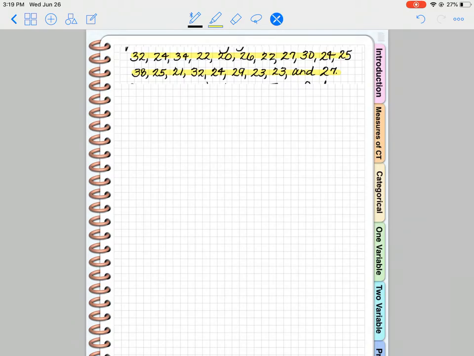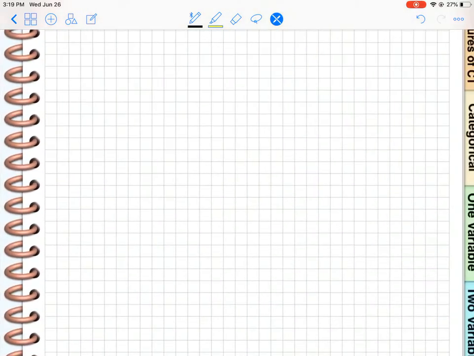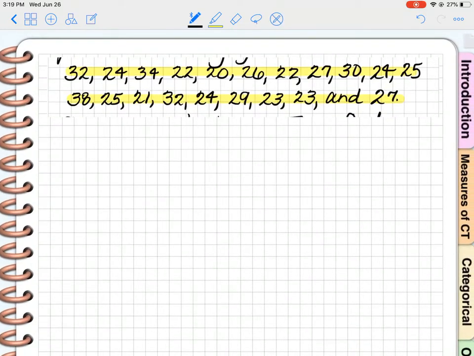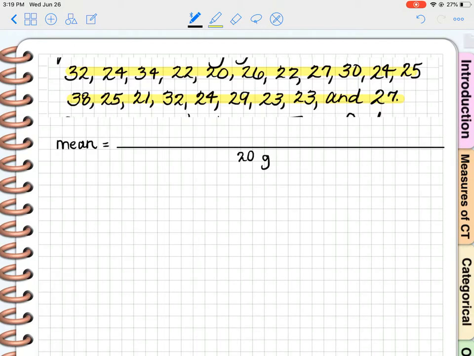To get a mean, you guys know how to do this if you've watched all the videos. Remember, we follow that particular setup where we have a very long bar, and then on the bottom we have, in this case, the total number of graduates that we had.